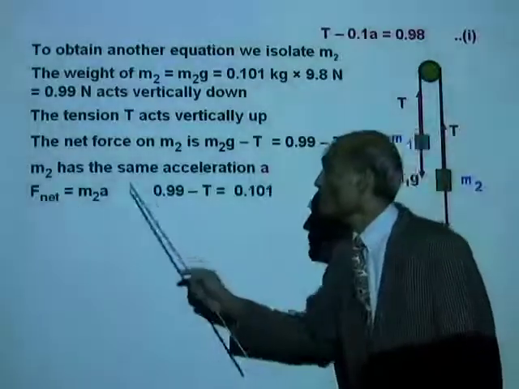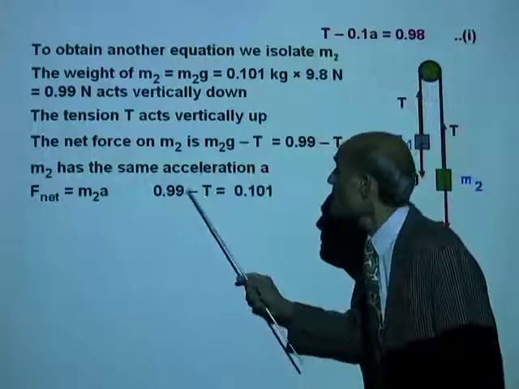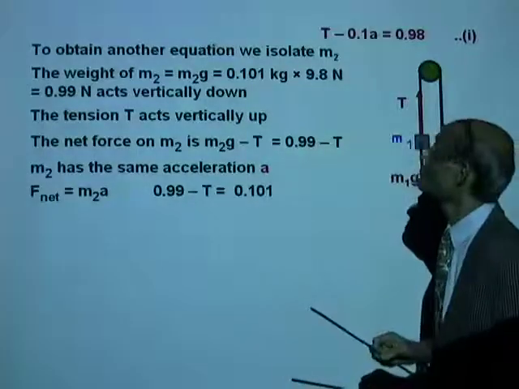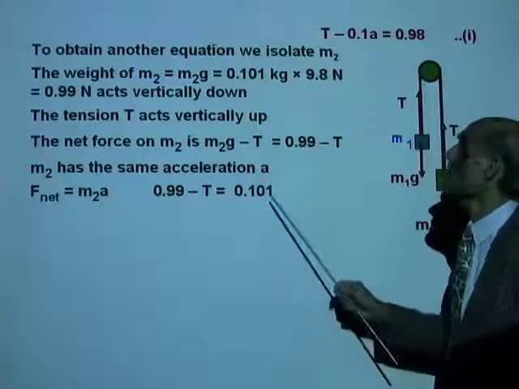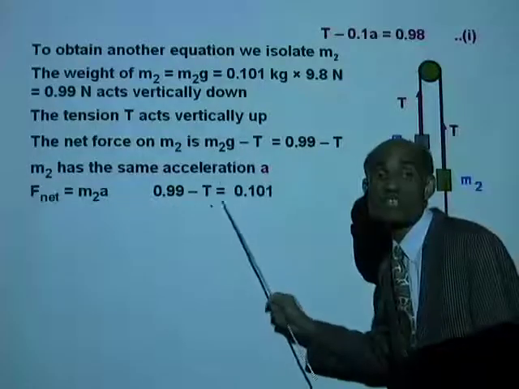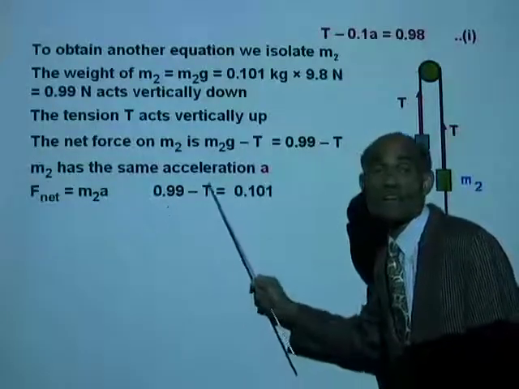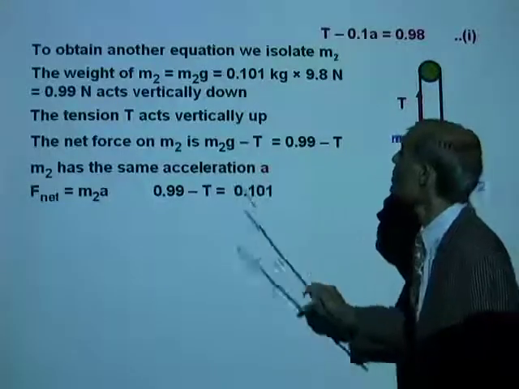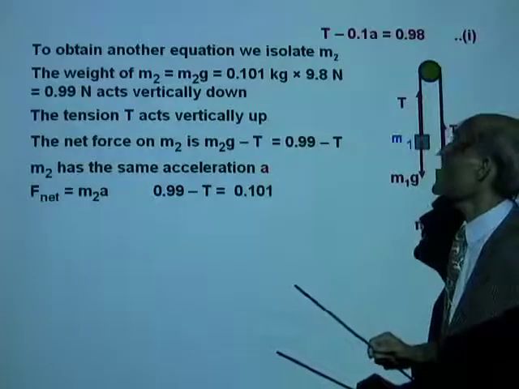So, you got 0.99 minus T equal to 0.101, and that is the net force on M2 equal to MA, is that right?